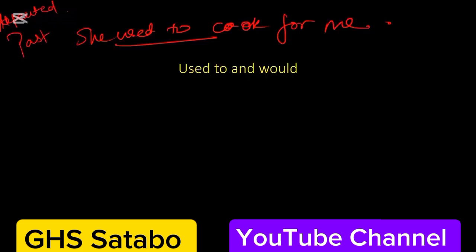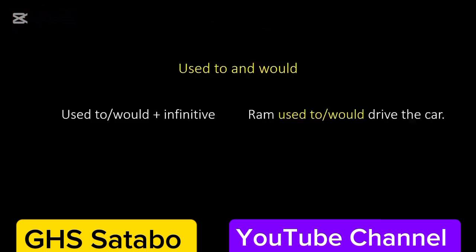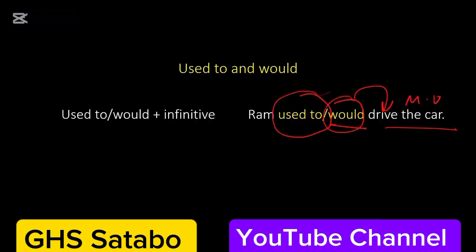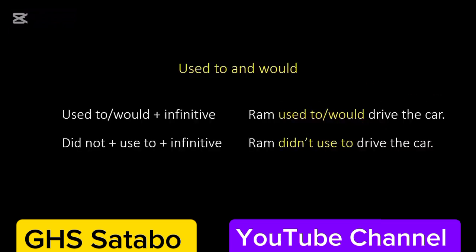It's not happening anymore. Used to and would also follow a sentence structure like Ram used to or would drive the car. Automatically, if you use used to or would, your main verb remains in the present form. Did not plus use to plus infinitive.